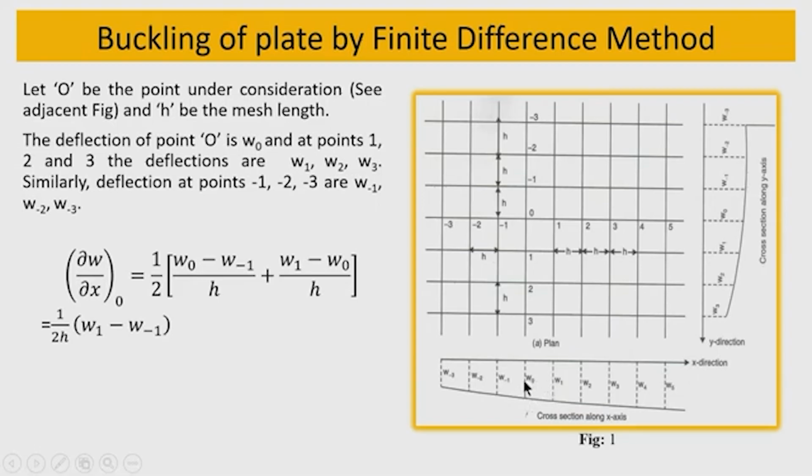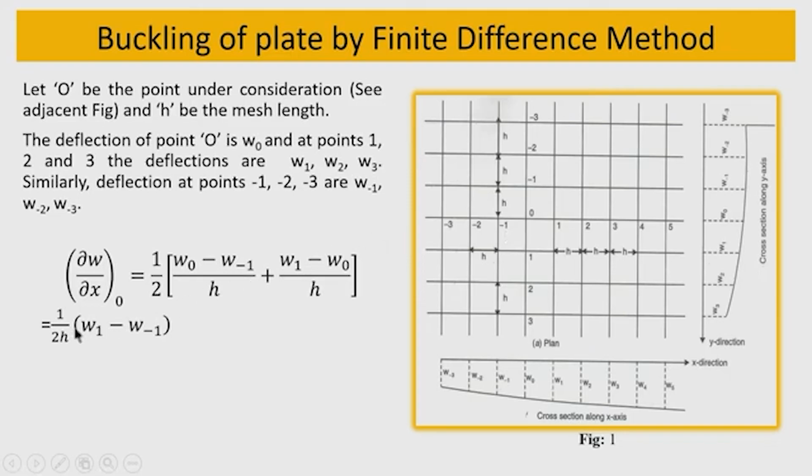Now, if I take the backward deflection value, then I will get the slope at node 0 as W naught minus W minus 1 divided by h. So, when the two slopes are added and averaged, we get the slope at node 0. That means del W by del x at node 0 represents the average slope between 1 and minus 1.